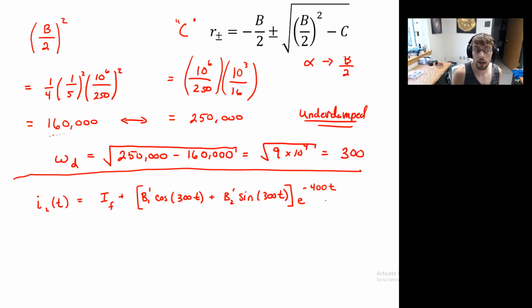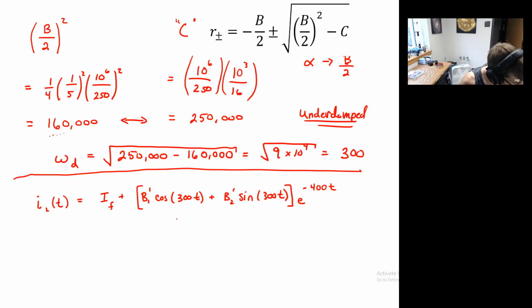And what we now have to do is take that general solution and tell it what's the final behavior, what's the end current running through the inductor. And then we also have to figure out what these B1 and B2 are using the rest of the initial conditions. Okay? Well, let's go at that.